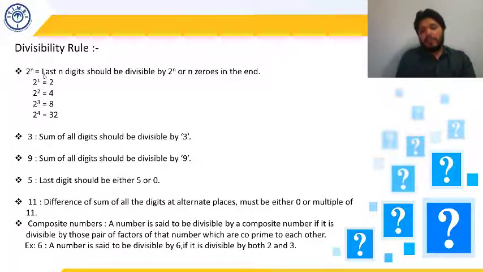So if the number is divisible by 2 and 3 both simultaneously, then the number is also divisible by 6. So a number is said to be divisible by a composite number if it is divisible by those pair of factors of that number which are co-prime to each other. So for 6, it has to be divisible by both 2 and 3. So if it is divisible by 2 as well as 3, then the number is also divisible by 6.